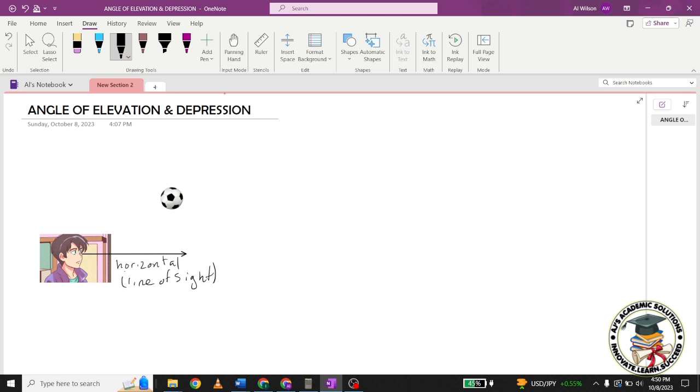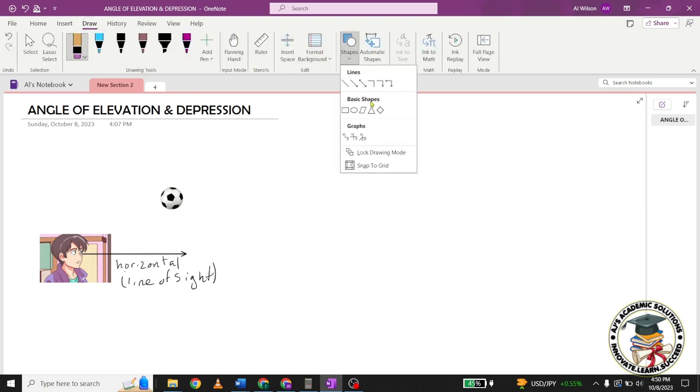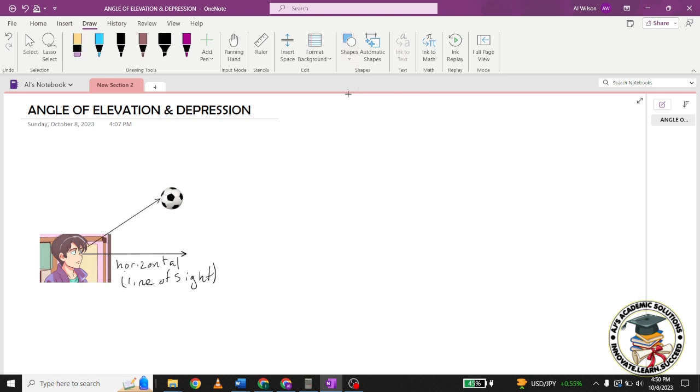Remember now, this ball as you see it here is elevated. It's above the person's head. So always think of it that the elevation will be in relation to looking above the person's line of sight. In your CXC questions, this is more worded, but we'll go through that at a later time.